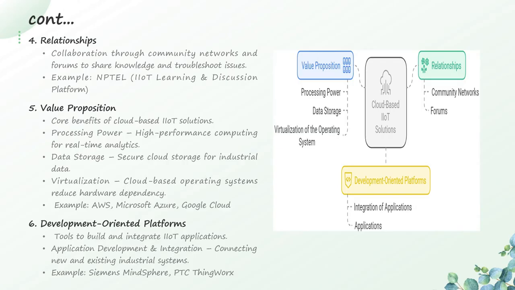Next you have data storage, that is secure and scalable storage solutions for sensor generated industrial data. Then you have virtualization, which is cloud based virtual machines which reduce the hardware dependency. Examples are AWS, Microsoft Azure, Google Cloud. These all provide scalable computing power for the industrial IoT.